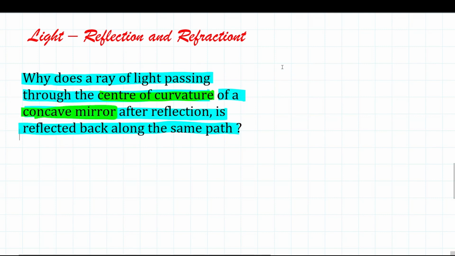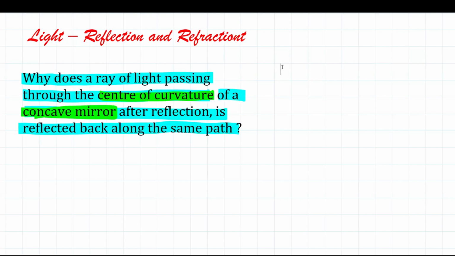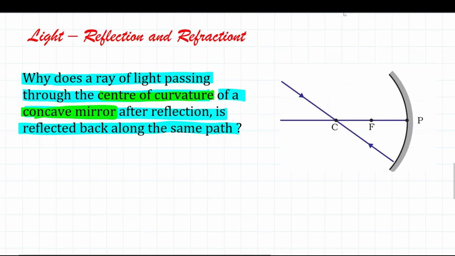If I take the diagram for a concave mirror, let's say this is the case. What you can observe is that the ray of light which is made to pass through the center of curvature, after reflection, rebounds back on the same path.